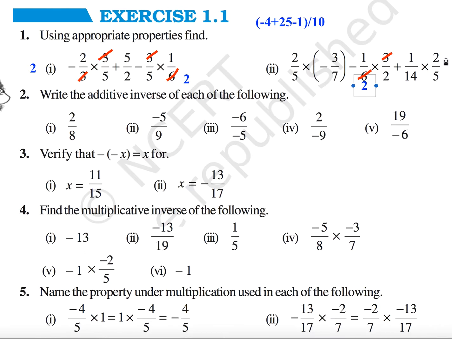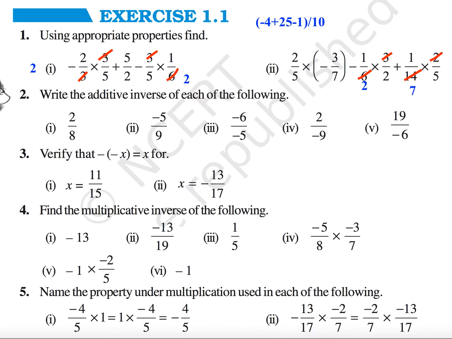Then this also goes by 7. Okay, in fact we can use the properties also to find.